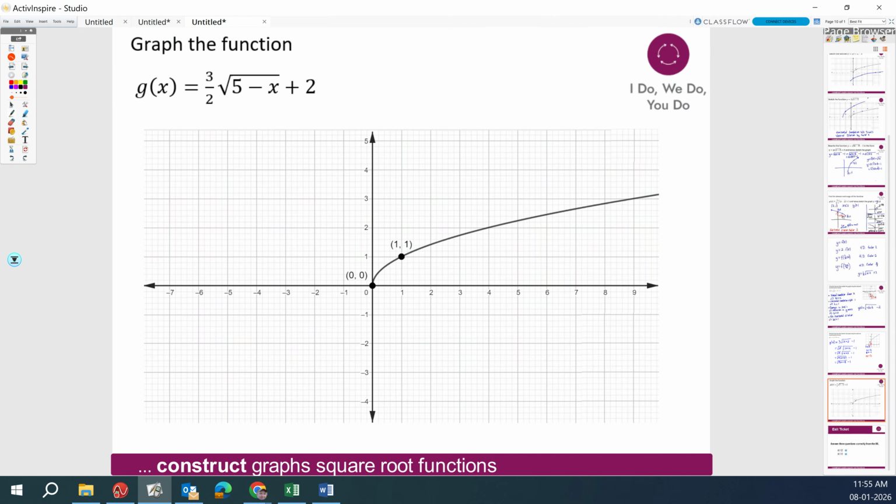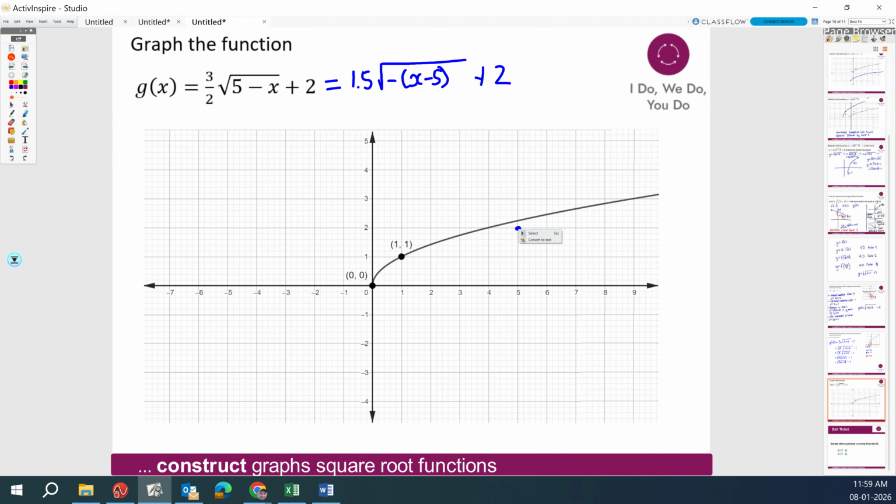Alright, last question. Have a go at graphing this one. Identify the transformations first. Okay, so there's reflection. So let's rearrange this. This is going to be 1.5 square root of minus x minus 5, plus 2. What's the coordinates of the vertex going to be? 5, comma 2.